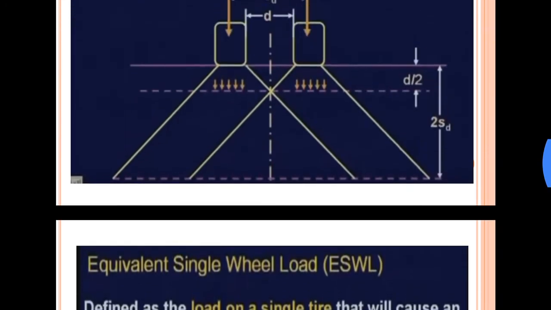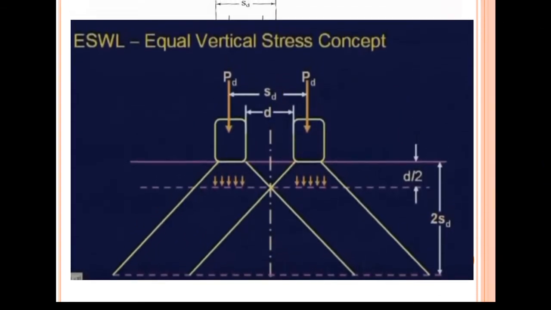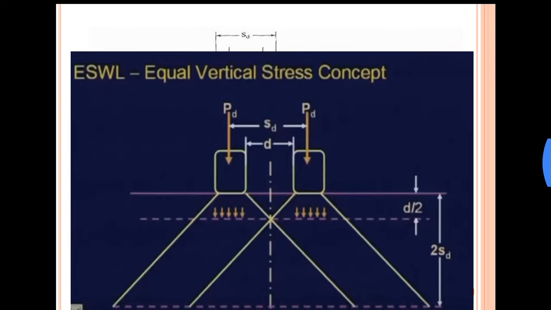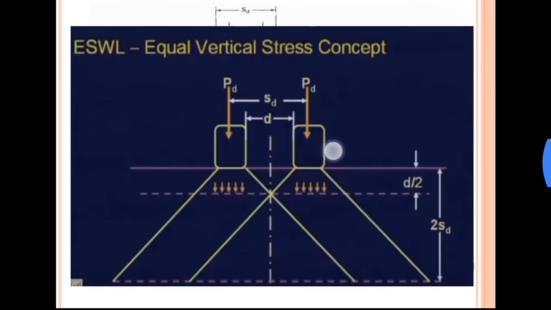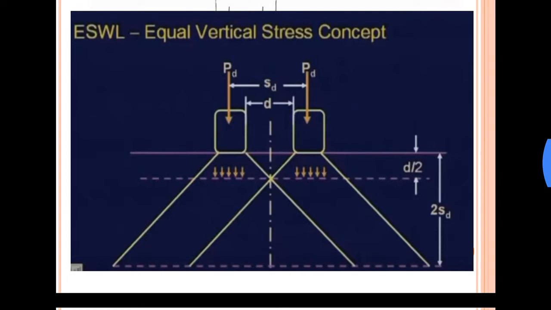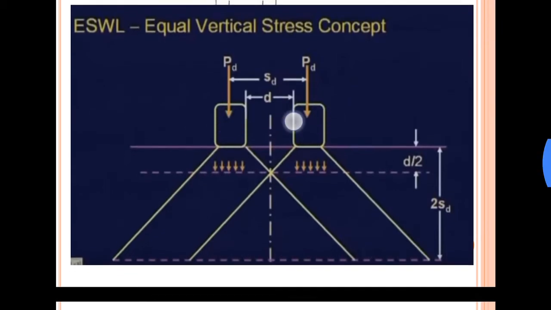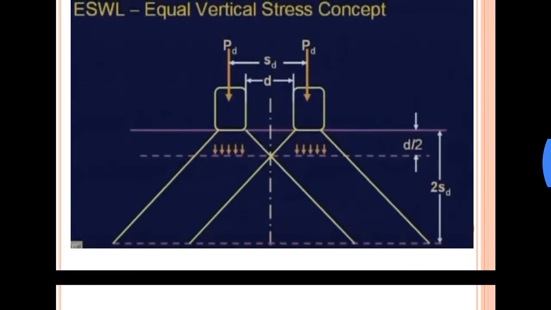Okay, so basically, to understand it in easy terms, here we have a combination of wheels. The load is being applied through these two wheels. Now what we need to do is design a single wheel which can apply the same amount of load which is being applied through the combination of these two wheels.